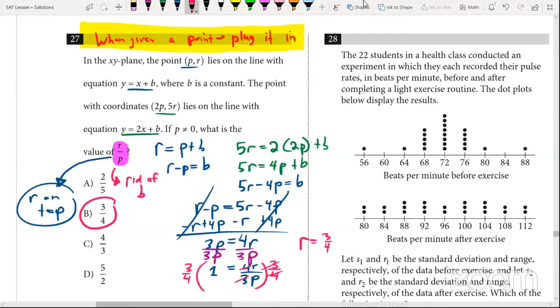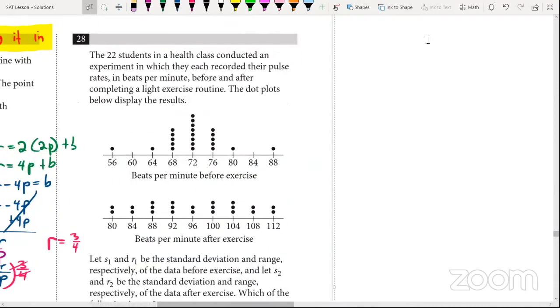So now we're going over to number 28. And 28 is this question here on the right.